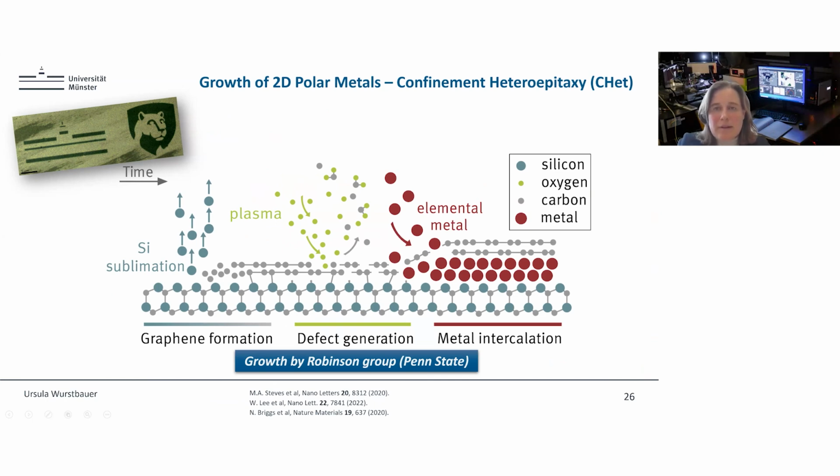Silicon carbide is a semiconductor used for power electronics. By sublimating silicon, a graphene layer is formed, and typically bilayer or monolayer depending on the parameters. However, you still have residual bonds to the substrate, which is a mixture of sp2 and sp3 hybridization.